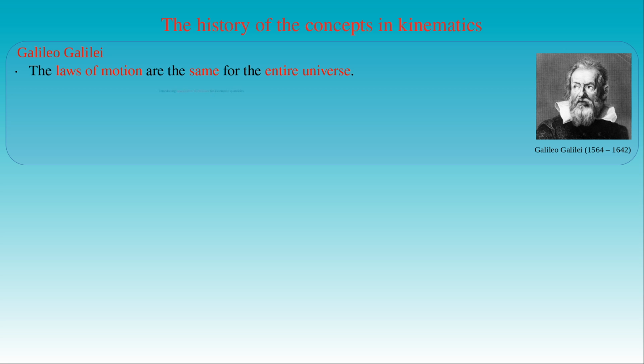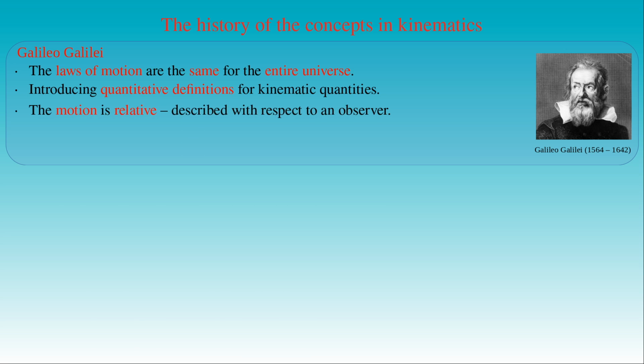Galilei introduced the mathematical definitions of the basic kinematic quantities such as the distance, the velocity, and the acceleration. As a consequence of his definitions applied in kinematics, motion can only be described with respect to an observer. That is, motion is relative. By using the basic kinematic quantities, he was able to give a strict quantitative analysis of motion, based on mathematical and geometrical principles.